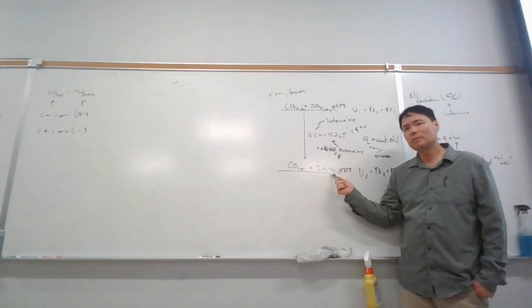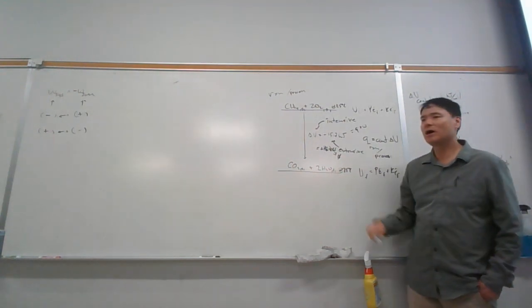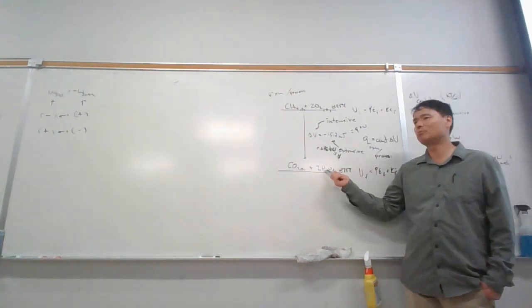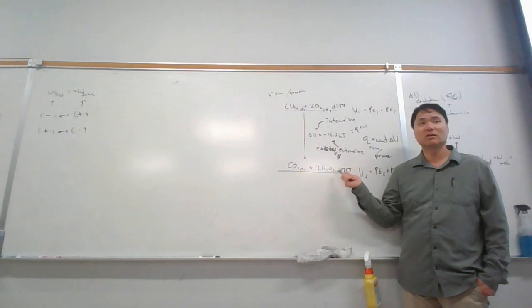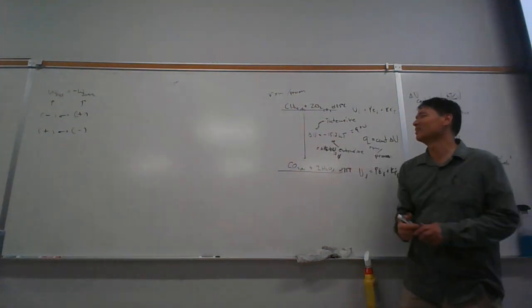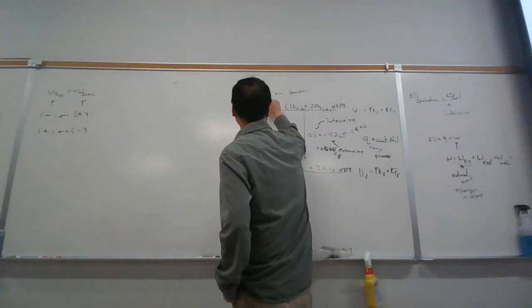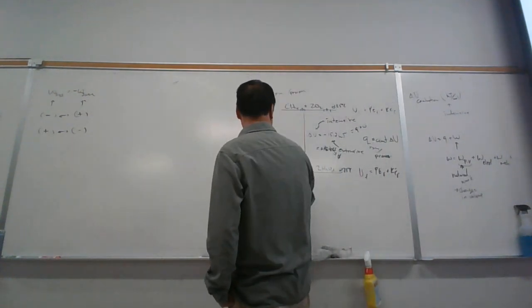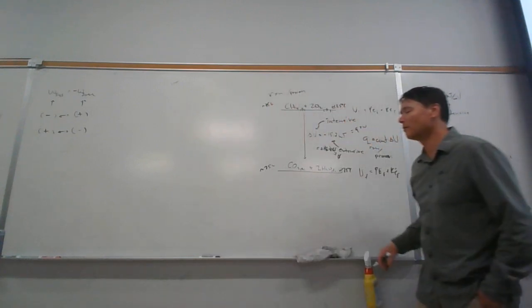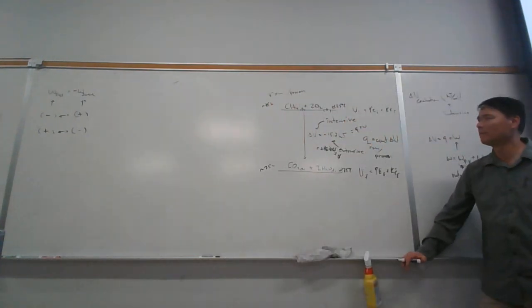So 2 moles will be 36 grams. 36 grams of water is 36 milliliters. 36 milliliters is 0.036 liters, or about 0.04 liters. So we're going from about 75 liters to about 25 liters. 25.04, which will just round to 25.